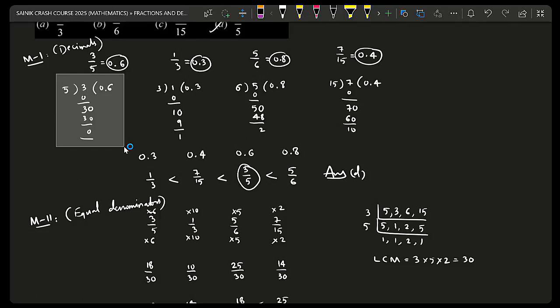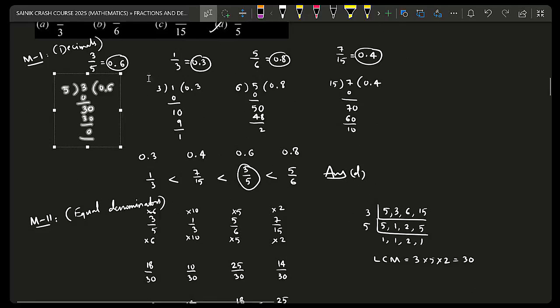And subtract that. 3 minus 0 is 3. Use the decimal, you'll get 0. Then 5 sixes are 30 and the remainder is 0. You only remember one thing: whenever in the quotient we use a decimal, in the remainder we keep on getting zeros. Okay, now we got 0.6.